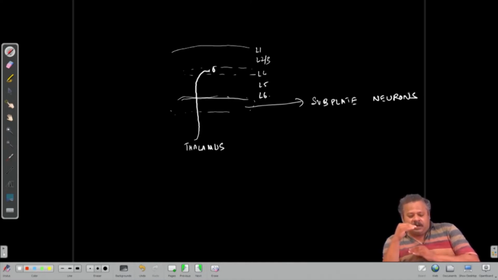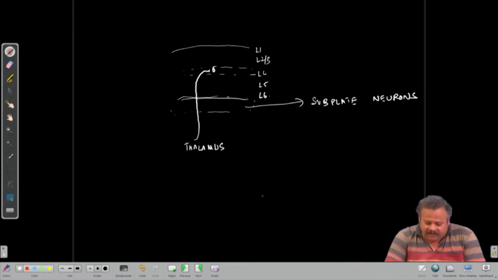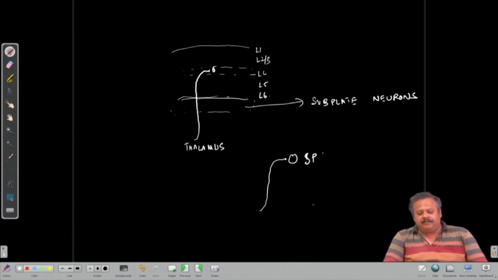The thalamic axons come and make synapses onto the subplate neurons, the SP neurons.